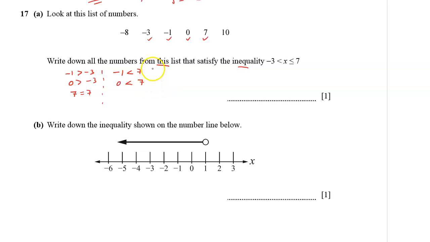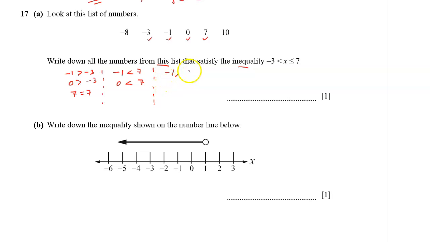Okay, and therefore in this inequality here, we are told x is greater than -3 but less than or equal to 7. So for example, if we substitute x by -1, we see that x is greater than -3, which satisfies the inequality, and it is less than 7. So -1 is one of those numbers.